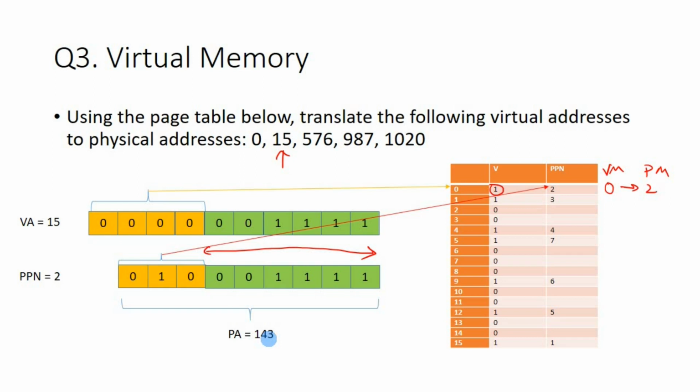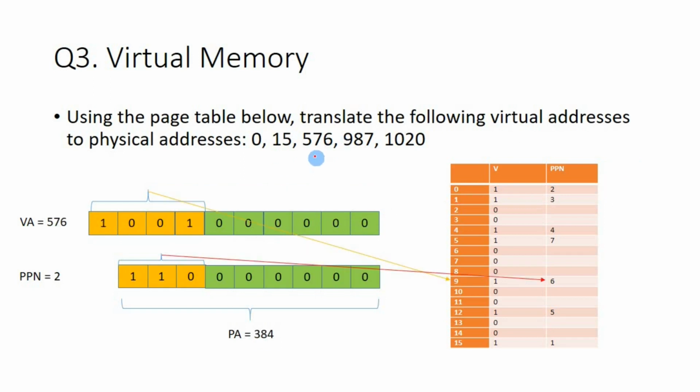Let's look at just one more example over here. For this third number, 576, we see that the lower 6 bits are all 0. So we map the lower 6 bits of the virtual address directly to the physical address. The upper 4 bits for the virtual address have a value of 9, which means we look at page table entry 9.